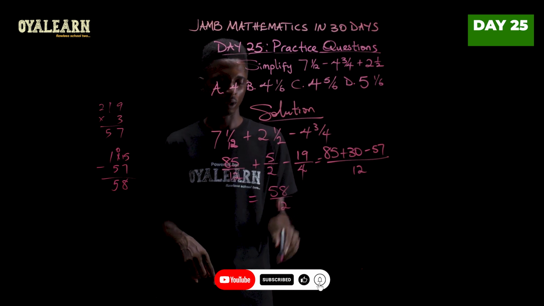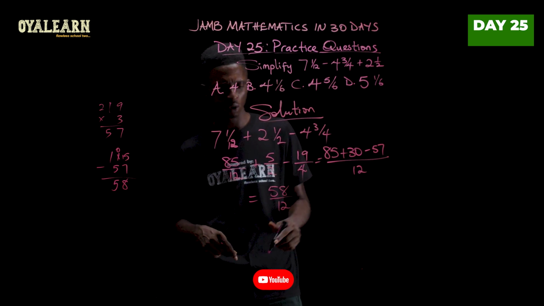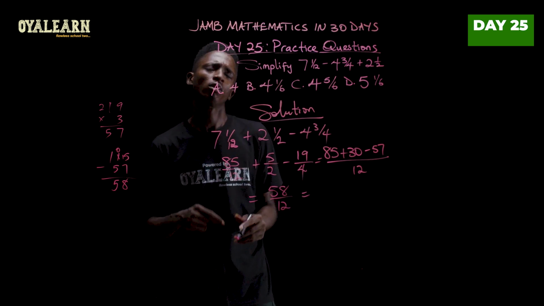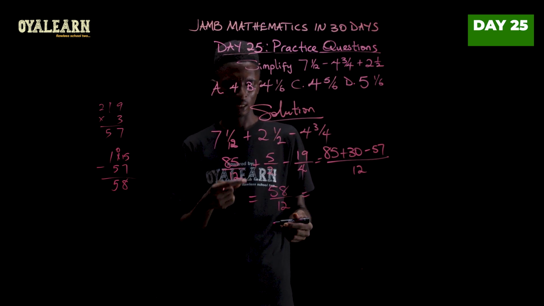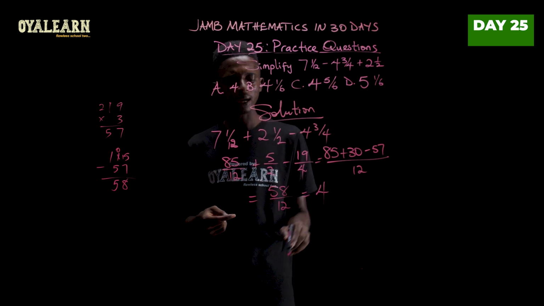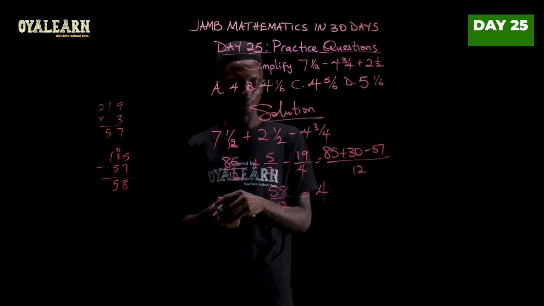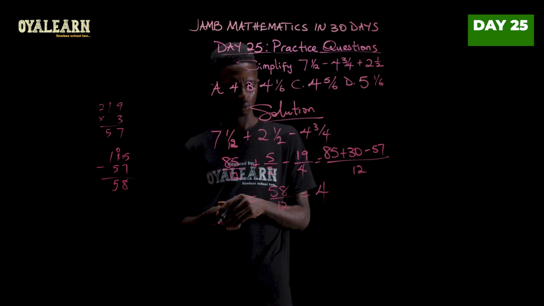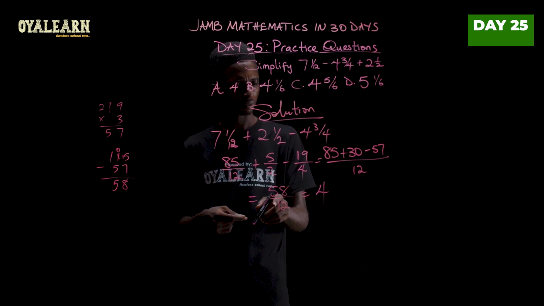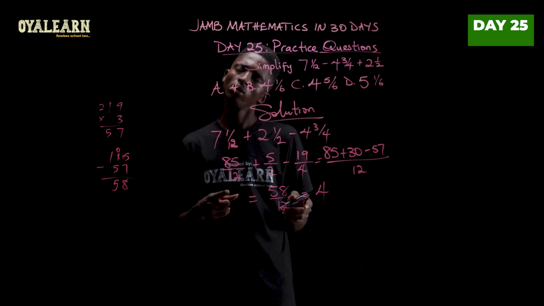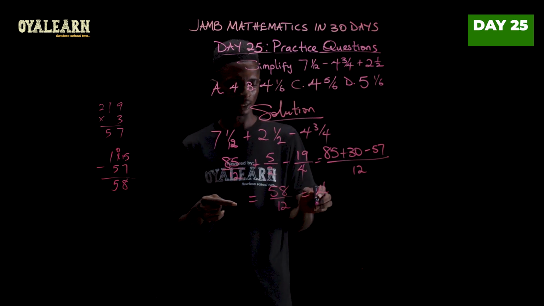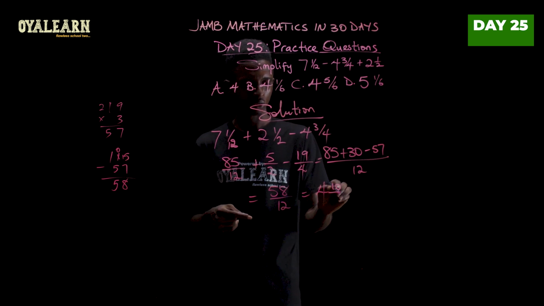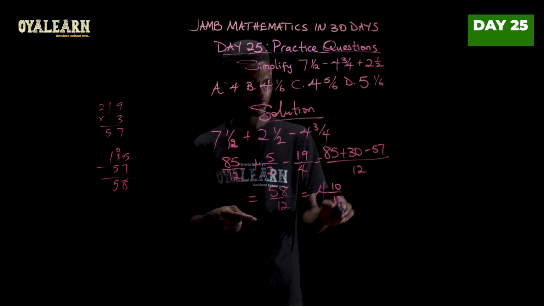Now, how many times can 12 go into 58? 12 times 4 would give us 48, right? So 4 whole number with a remainder of 10. 58 minus 48 is 10, so 10 over 12.